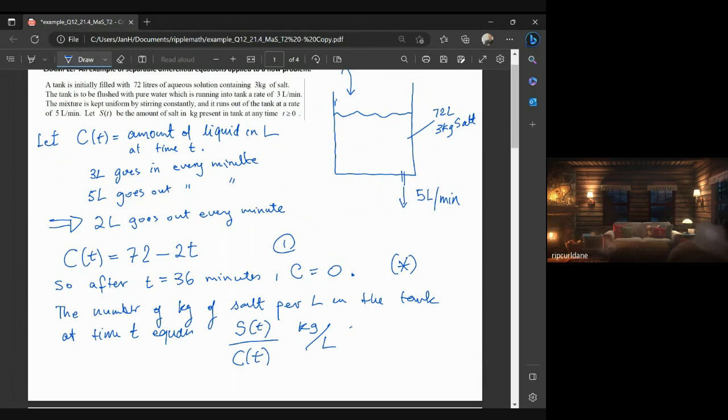It also helps to put in the units as I'm doing there to do all these calculations. This is like physics. In physics, you do stuff like that.